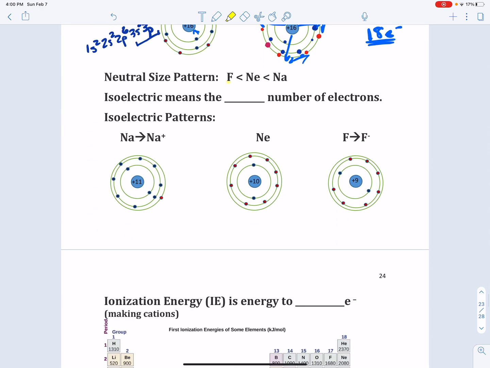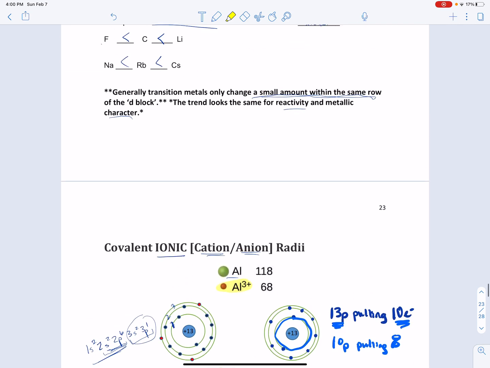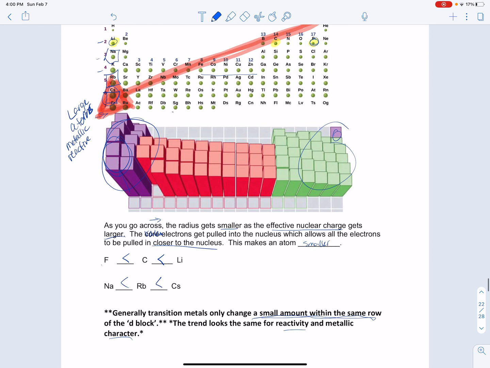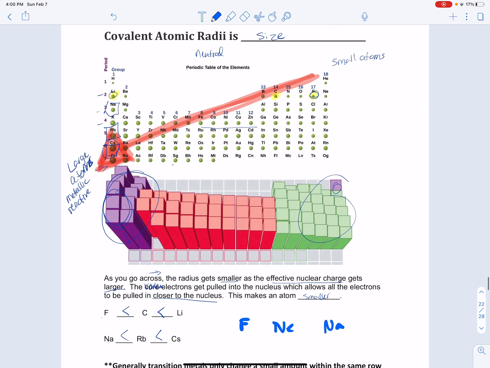So let's look at the fluorine when they're neutral, fluorine, neon, and sodium. So right up here, fluorine, neon, sodium. Neutrally, fluorine is one of the smallest atoms out there. We also have neon, which is also extremely small.